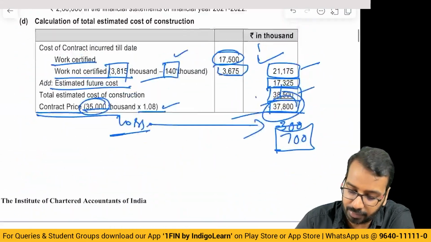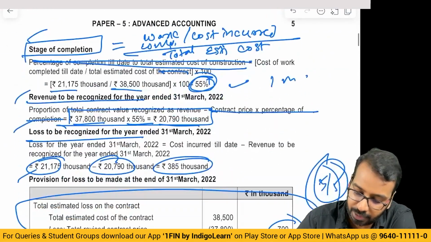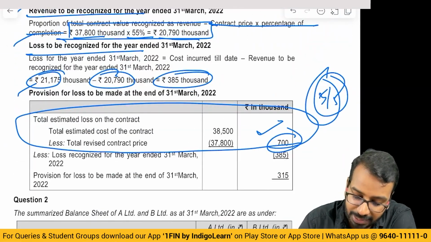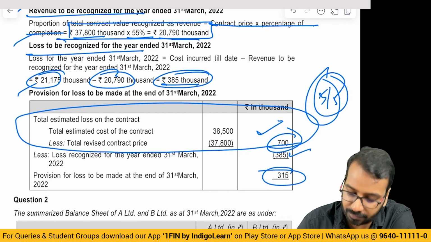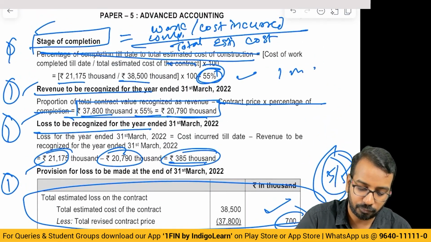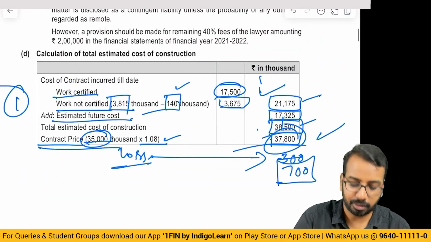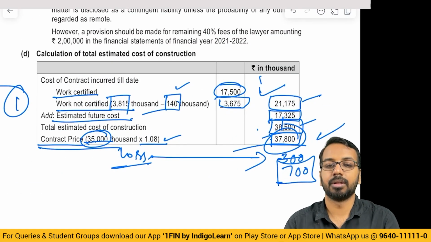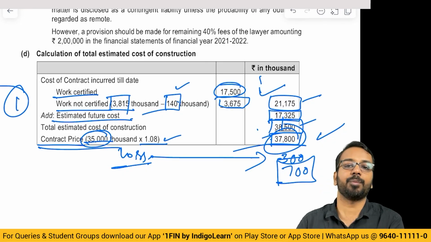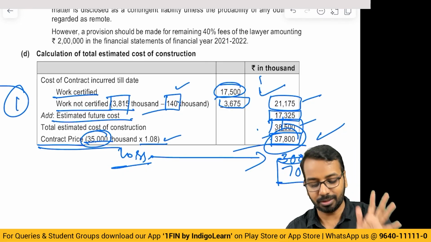So 700 is the expected loss minus 385 is the loss recognized, 315 you have to make as additional provision. So you'll get 1 mark for this, 2, 3, 4 and 5. Simple, right? So that is how we should target and score wherever possible in the examination.